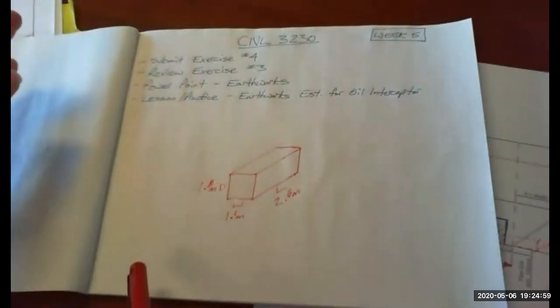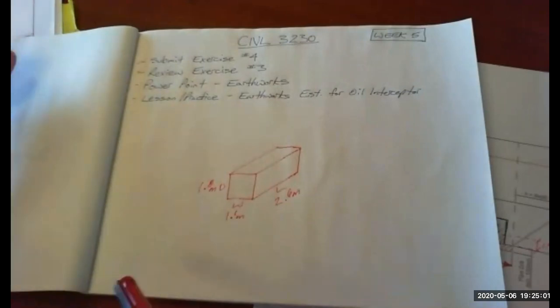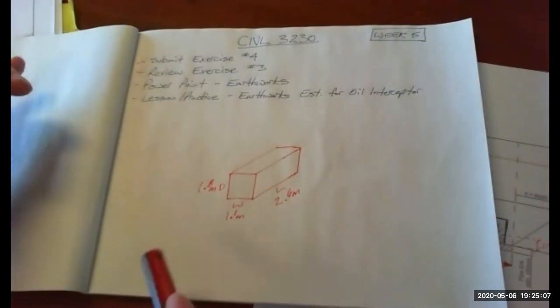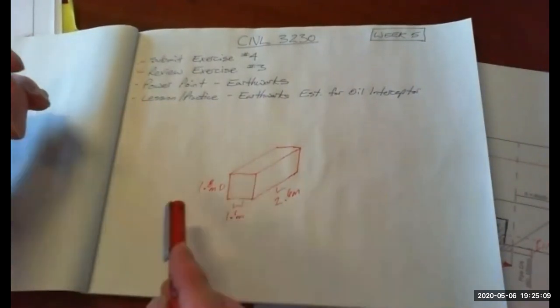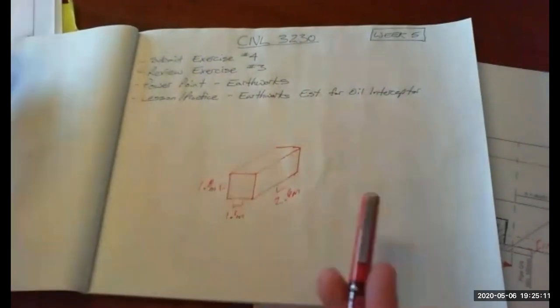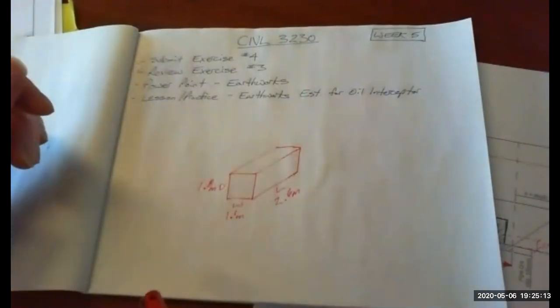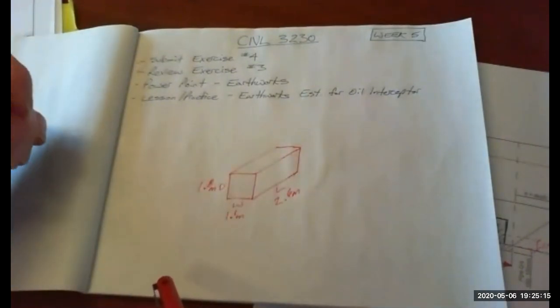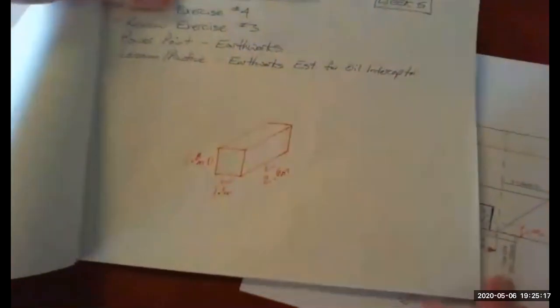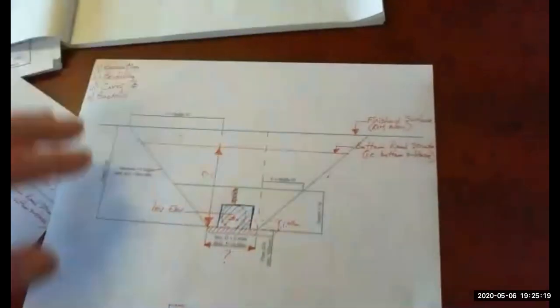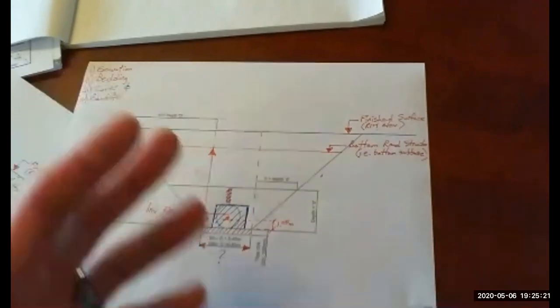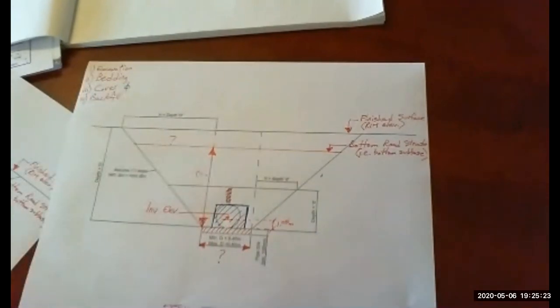Now, I didn't mark anybody wrong for using a different number than I did on that width. So you can basically use whatever you want, whether it's 150 millimeters on each side, or 200, or 300, or 400, as long as you're consistent in what you do. So I'm going to go with 150 millimeters on each side.